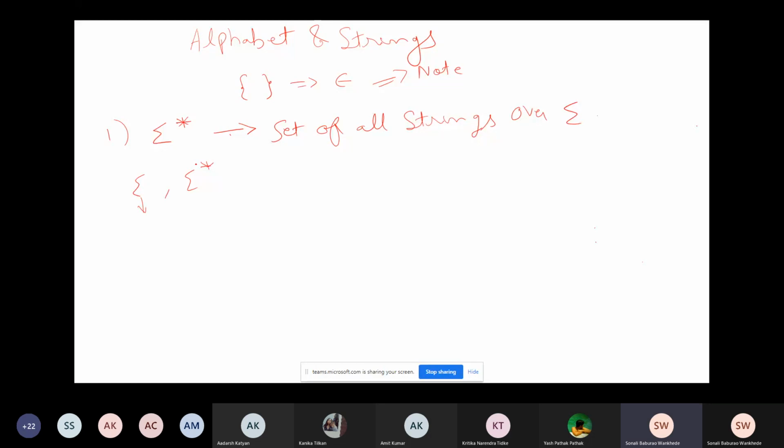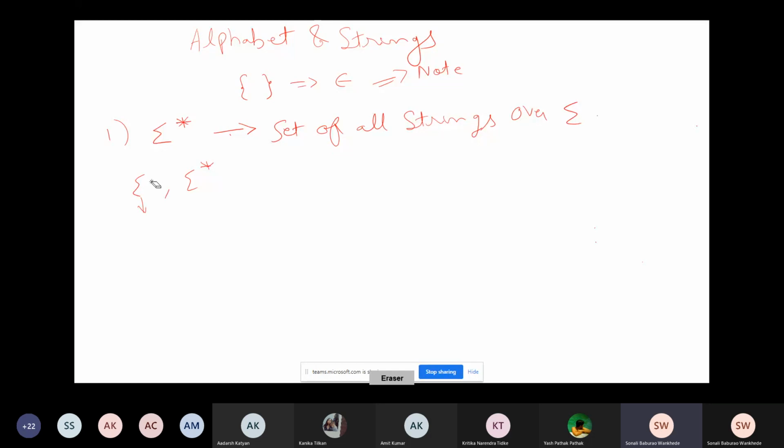This is the difference between just the sigma symbol and the sigma star symbol. Sigma stands for an alphabet, a non-empty finite set, and sigma star is a set of all strings over the alphabet.